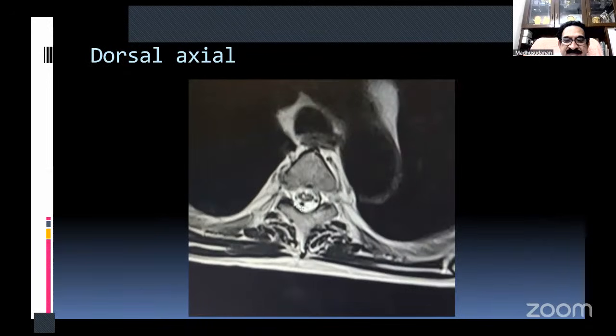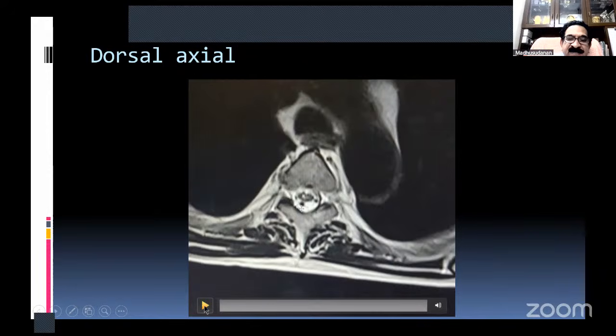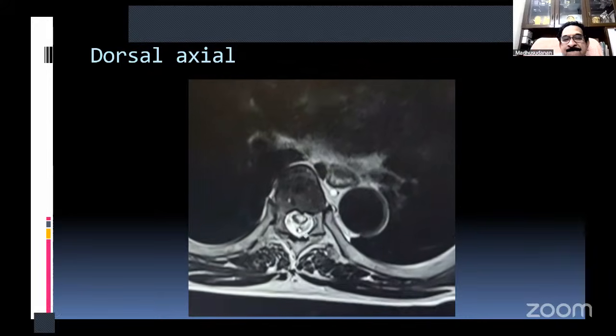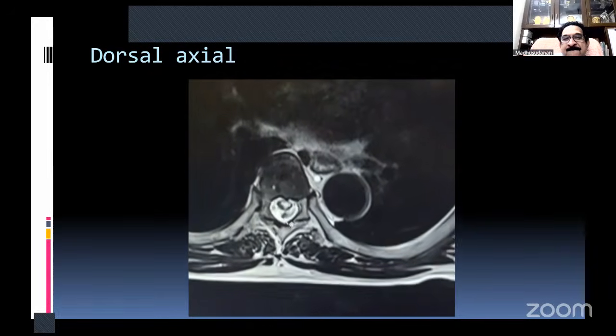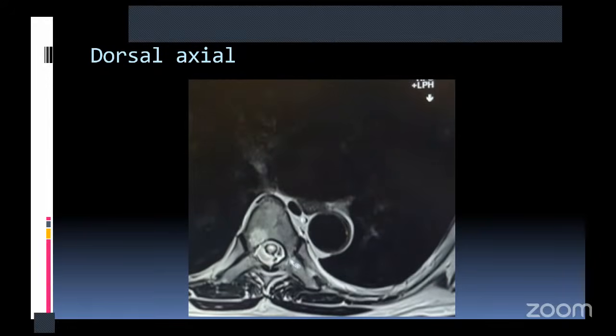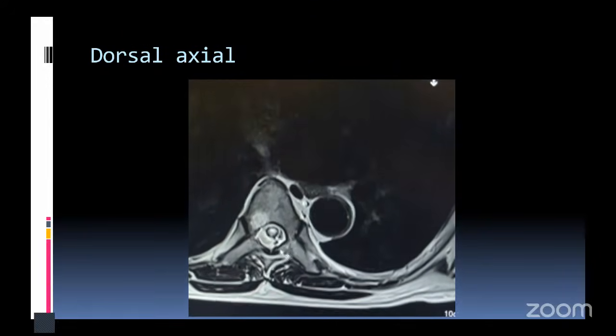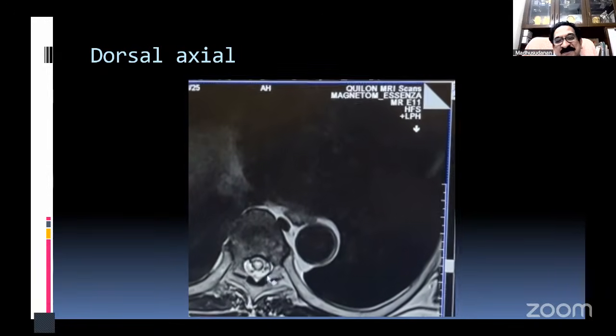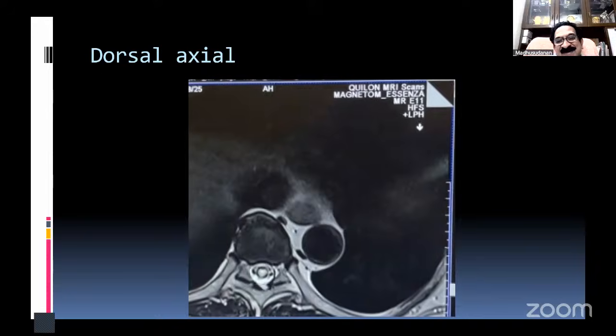Now this picture, concentrate. Can you make out anything in this patient? This vertebral body and the hemosiderin. You can see, good. There is a hemosiderin deposit around the cord. See the dark thing around the cord?